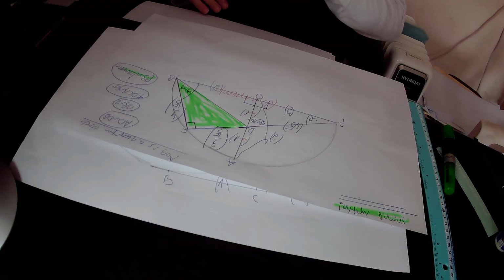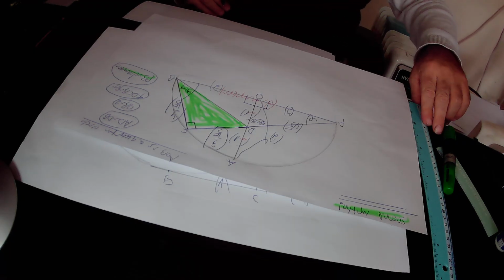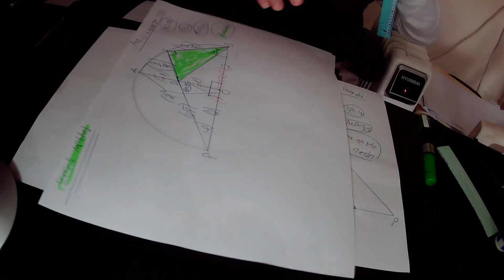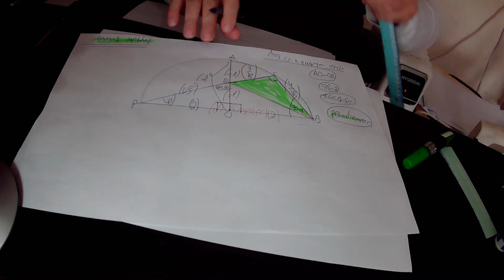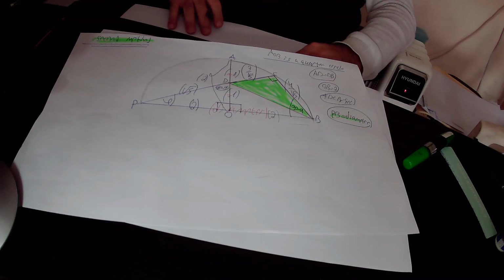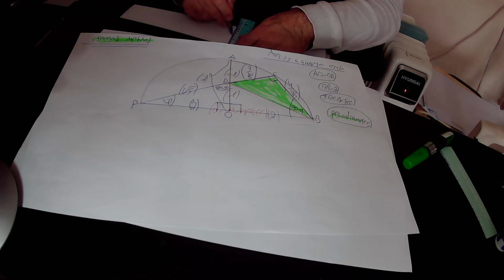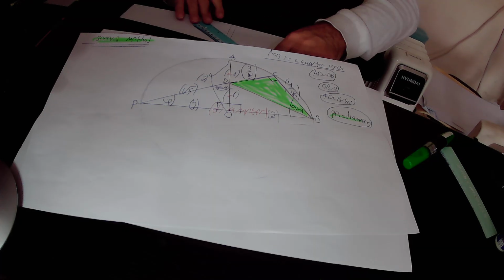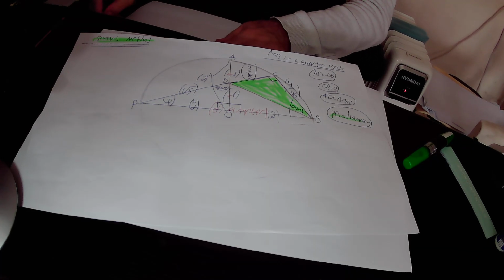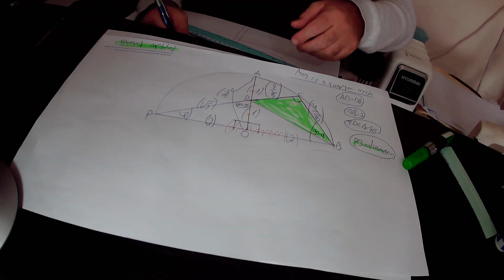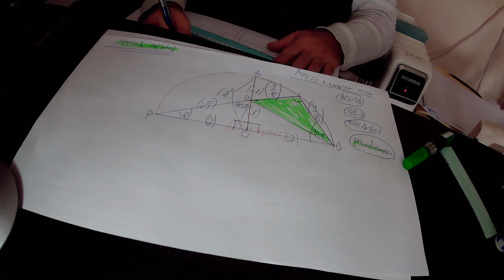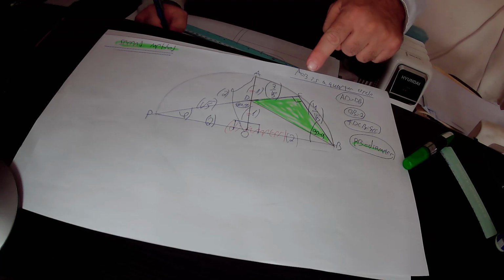Now it is very easy to find out the area of the green shape. The area of the green shape, that is the area that we are looking for in this question, is equal to the area of this green right triangle DCB.